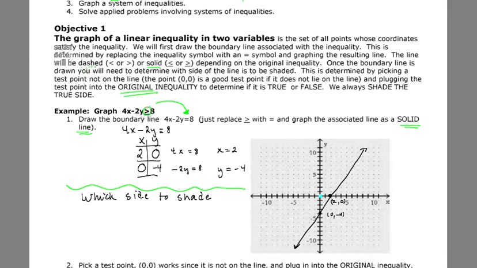So right here is (0, 0), and we're going to test it. It's a good test point. Not on the line, easy to plug in. We'll plug it into the original inequality, and I forgot a little statement here. Plug it into the original inequality to determine which side to shade.